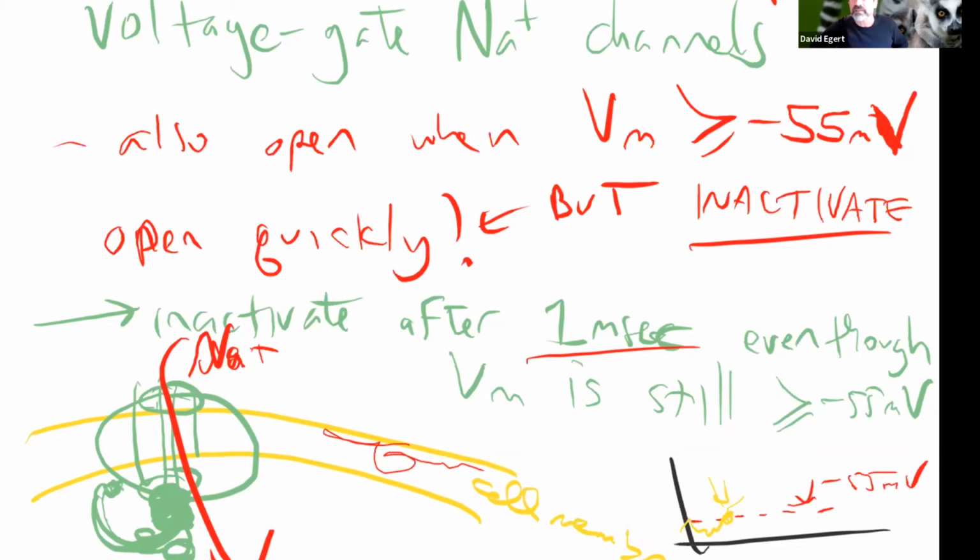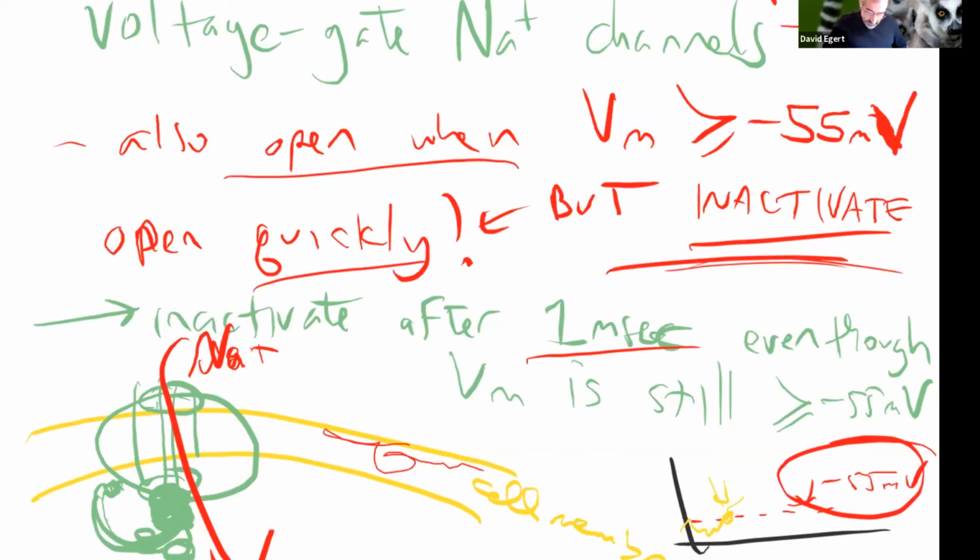So does this make sense? Are there any questions about the dynamics of these fast sodium channels? If the membrane potential gets to minus 55 or above, they'll open quickly, but after a millisecond, they will stop conducting. And you have to bring the whole membrane potential back below minus 55 for everything to reset and be back to normal.